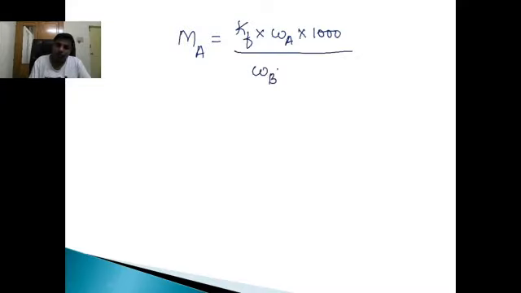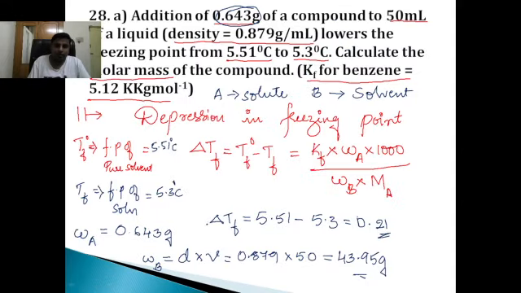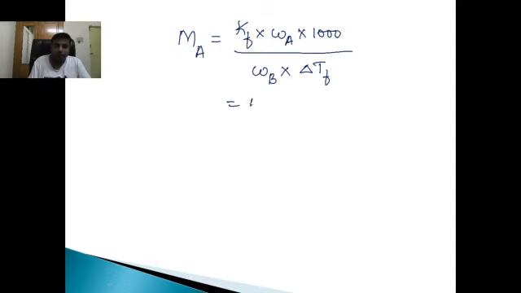So we want MA, right? So can we modify the formula? MA is equal to KF into WA into 1000 divided by WB into delta TF. KF is 5.12.